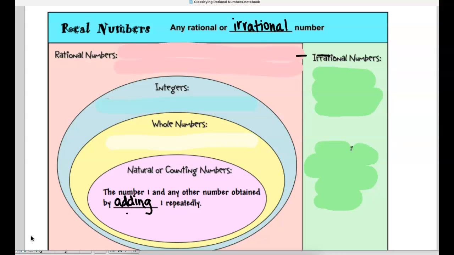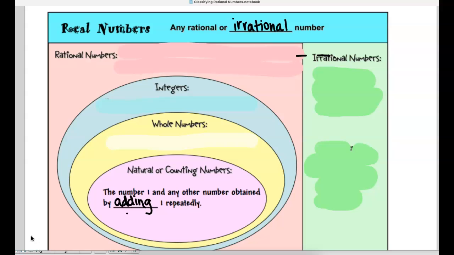With their fingers, right? They go 1, 2, 3, 4, 5, 6, 7, 8, 9, 10, and then they run out of fingers and they're not sure what to do. But we know that you can keep going. Those are your counting numbers. Okay? Starting at 1 and adding 1 repeatedly.